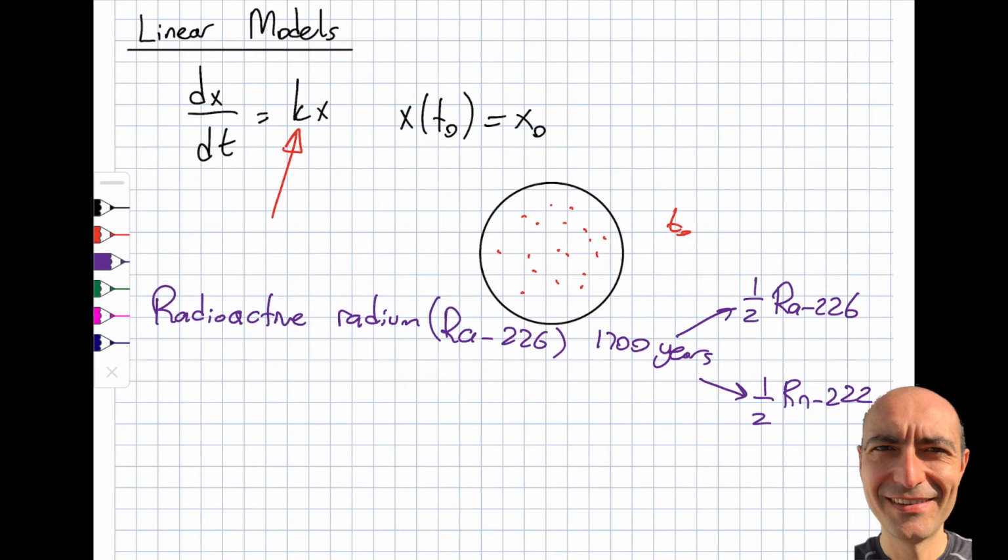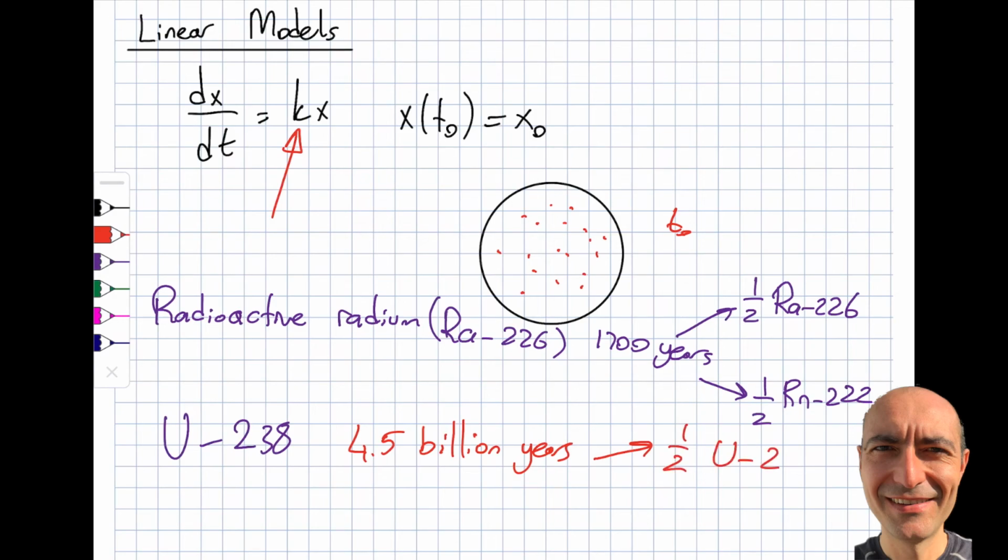The most common uranium isotope is U-238, and its half-life is a little bit higher than this. What is it, 2000, 5000, 10,000 years? No, it is 4.5 billion years. So obviously, as the definition says, half of it will remain.